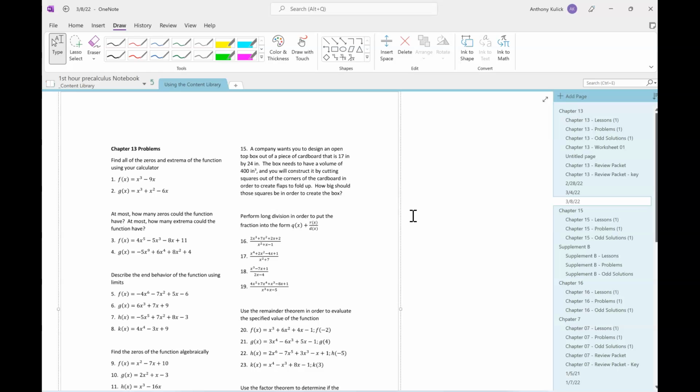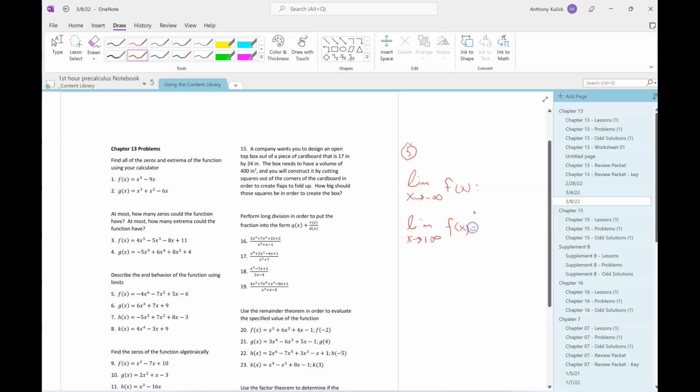Grace, can you do number 5? Sure. So immediately for 5 through 8, I notice that all of these are polynomials, correct? So I know that polynomials just have 2 end behaviors. They have an arrow at the left end and an arrow at the right end.